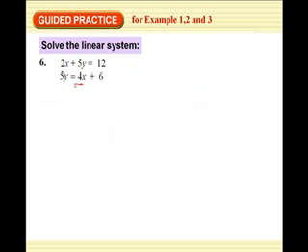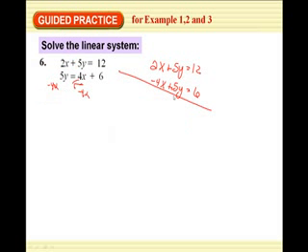So again, let's move that over there. So 2x plus 5y equals 12, minus 4x, so negative 4x plus 5y equals 6. Now we can't add these because these are the same, so I'm going to subtract and change everything to the opposite, boom, boom, boom, boom, because there's 3 different terms.